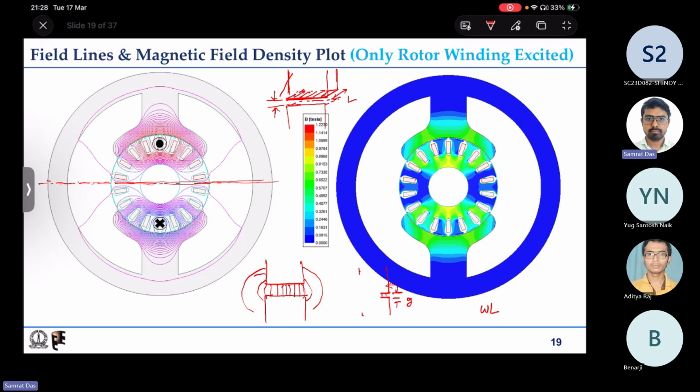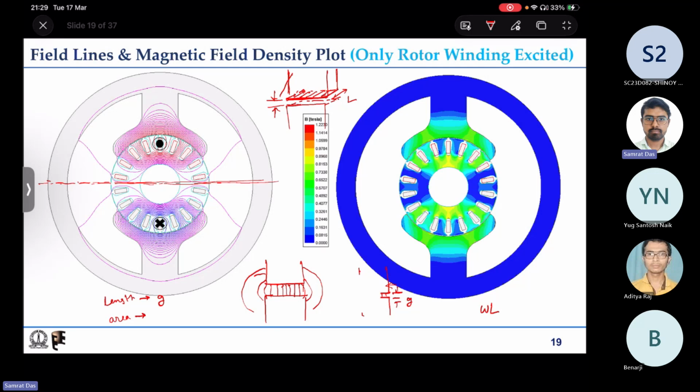So in such a case, what is typically done is we assume that for the effective area, we still can approximate the gap, or the length of the flux line, to be g. And area, there are some empirical expressions available.